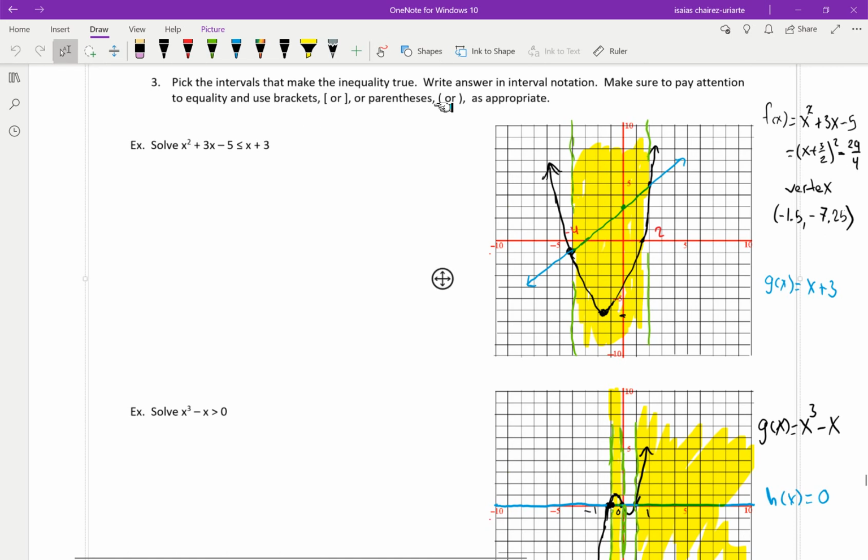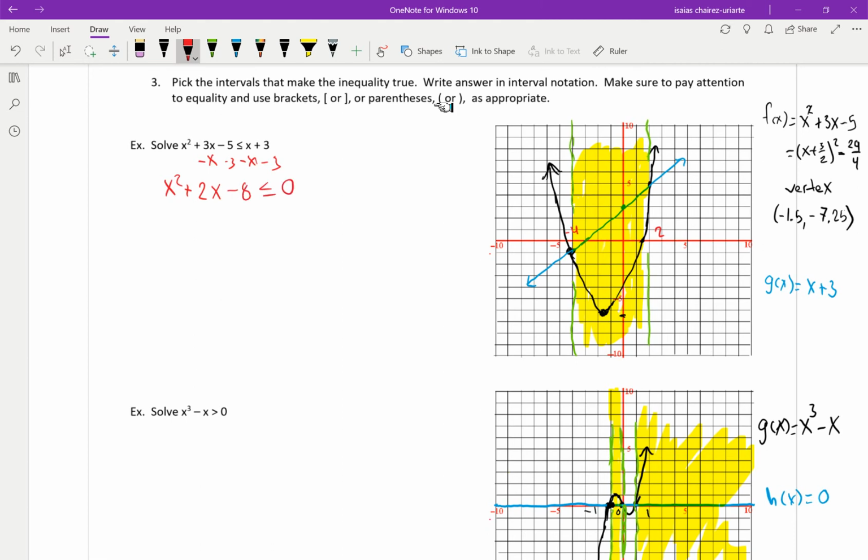So that means that I'm going to subtract x, and I'm going to subtract a 3. Okay, and so then I end up with this inequality. x squared plus, oops, it's not 3x anymore, so x squared plus 2x minus 8 is less than or equal to 0.